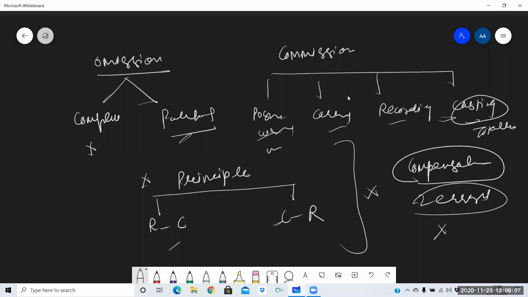It means you were supposed to post in Ram's account, you have posted in Sham account, but you were supposed to post in debit side, but you have posted in the credit side. Then trial balance must not match. Carry forwarding, not match. Recording in the wrong account, not match. Casting, totaling, not match. And here, trial balance will match, not affecting the trial balance. This also not affecting the trial balance, and this also not affecting the trial balance.